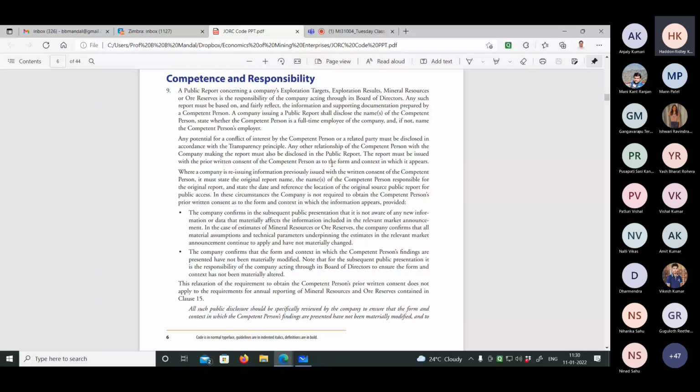A report prepared by Atharva and a report prepared by me will be different in terms of acceptability. If Atharva Shinde is a certified person for making a JORC report, then his reports will be more acceptable. It is not only acceptable, he will be more accountable.